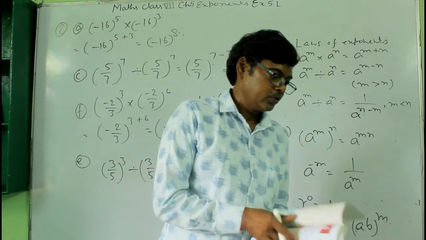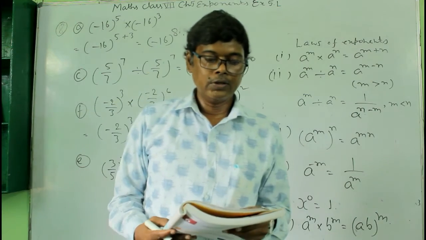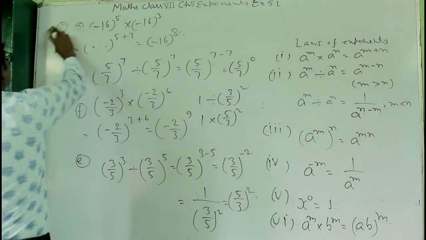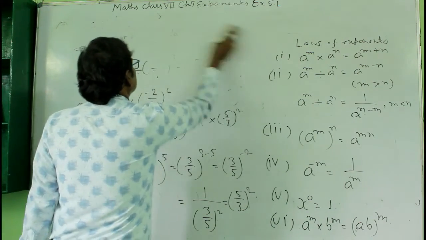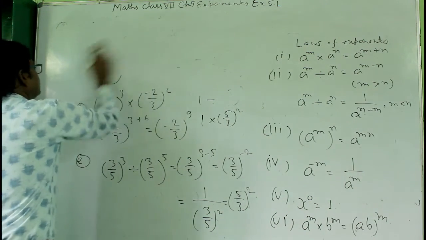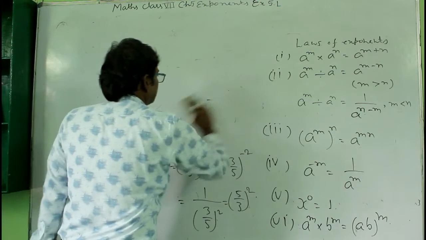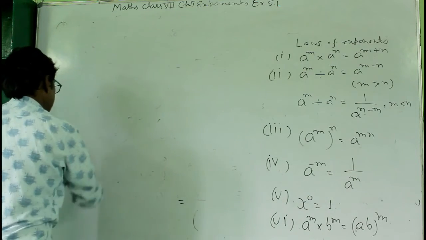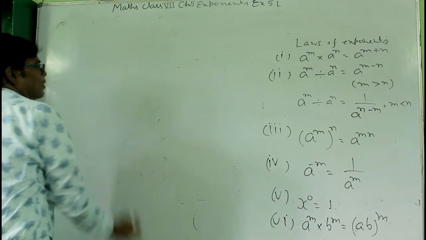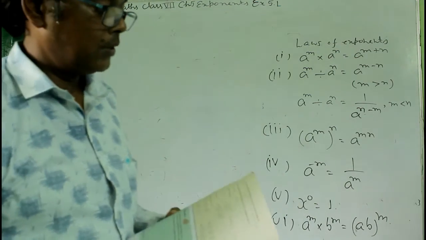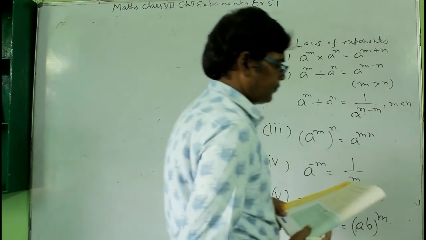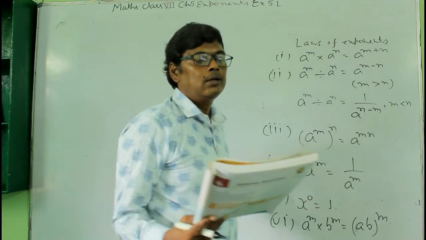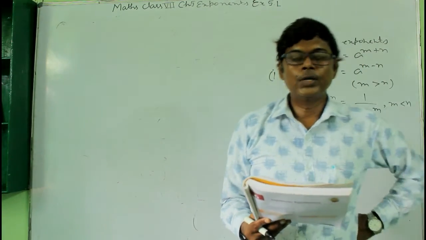Now question number 9. Express each of the following with positive integers as exponents. Here in this question we have to make the exponent positive.